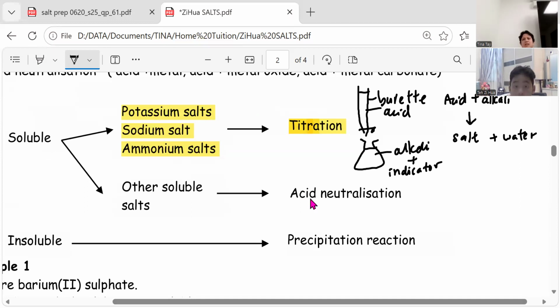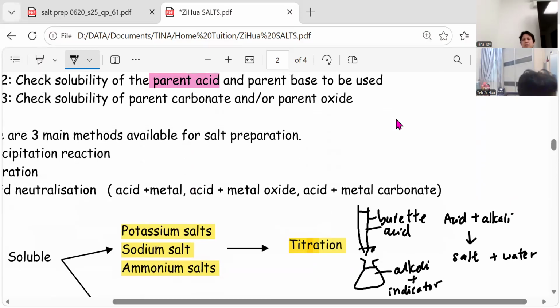Okay? So let's say I want to make potassium sulfate. Do I have to use the titration method? Is potassium sulfate soluble or insoluble? Insoluble. Potassium sulfate. Soluble.